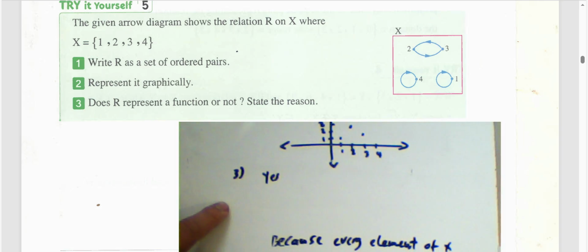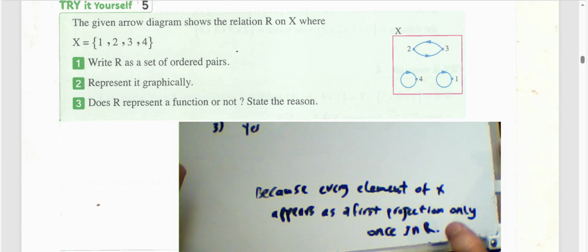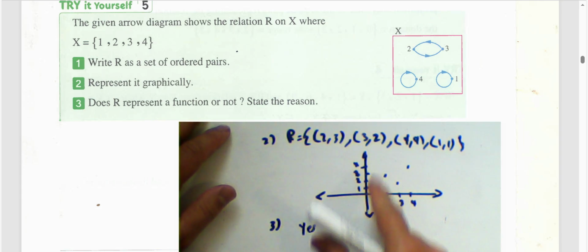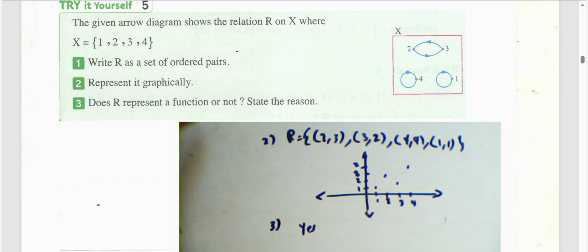We call this a function because every element of X appears as a first projection only once in R, or each vertical line has only one point, or we can write each element in X has only one image. Each element of X has only one image in Y.